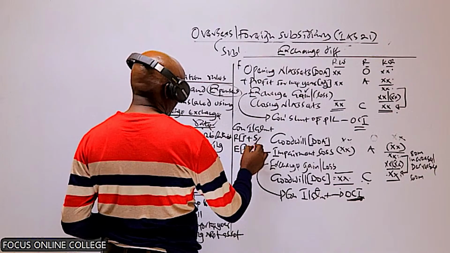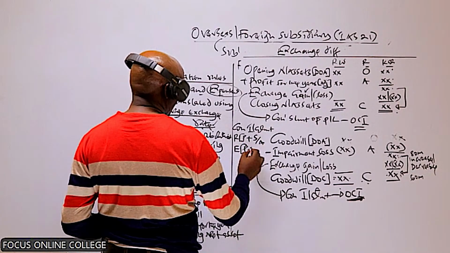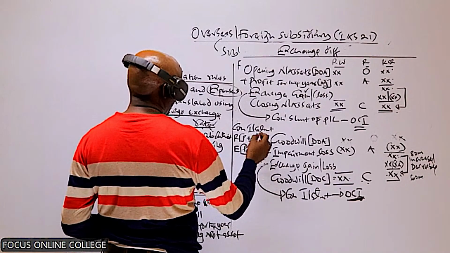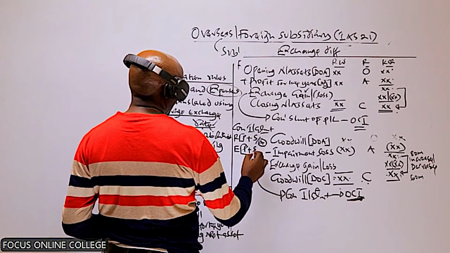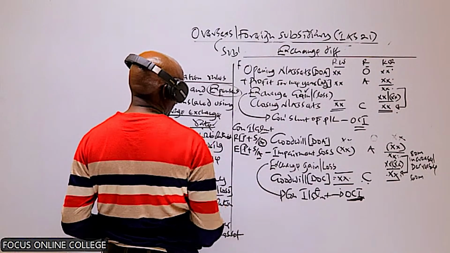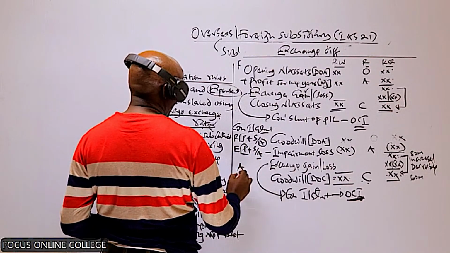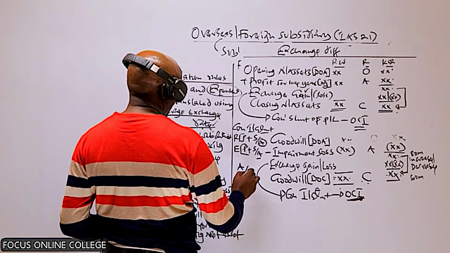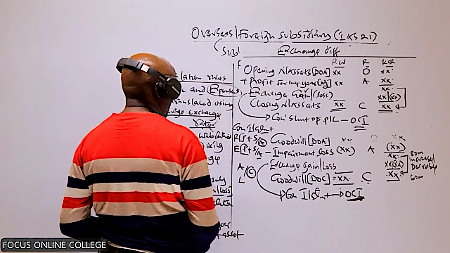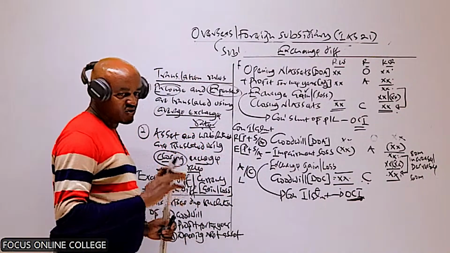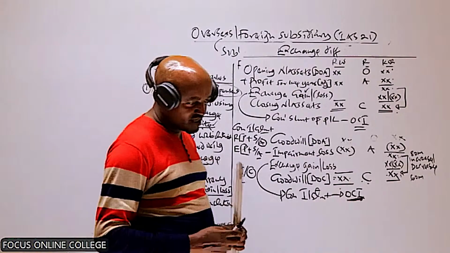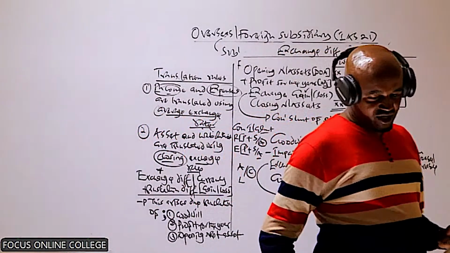We have said that all items of the income statement will be translated using the average exchange rate. But the items of assets and liabilities of the foreign subsidiary will be translated using the closing exchange rate. If you can recall that, this one is quite simple.